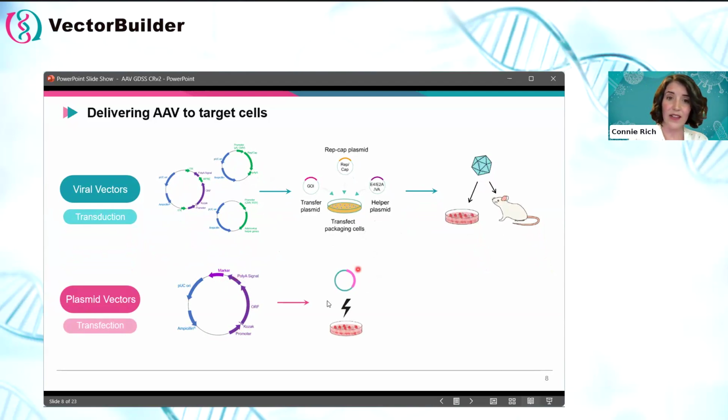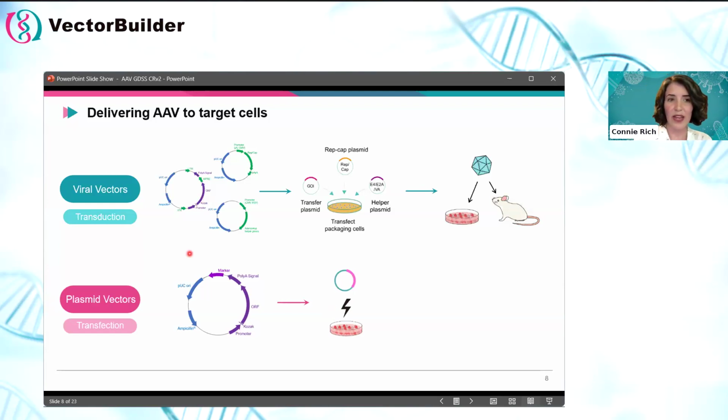However, introducing that non-viral vector to our cells is a lot more labor intensive. So we have to perform transfection with something like electroporation or lipofection, and both of those can be more inefficient, and they can also potentially cause damage to our cells.